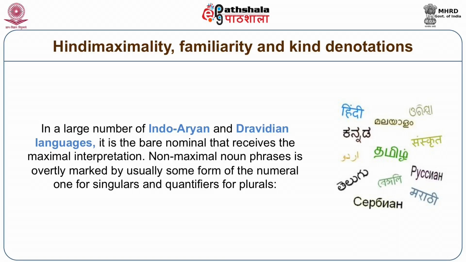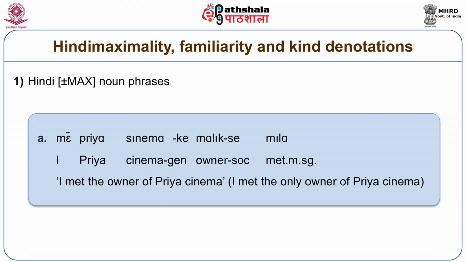So, take the example from Hindi, मैं प्रिया सिनेमा के मालिक से मिला. In this case, the only interpretation that you can get is I met the owner of Priya Cinema. That is, I met the only owner.